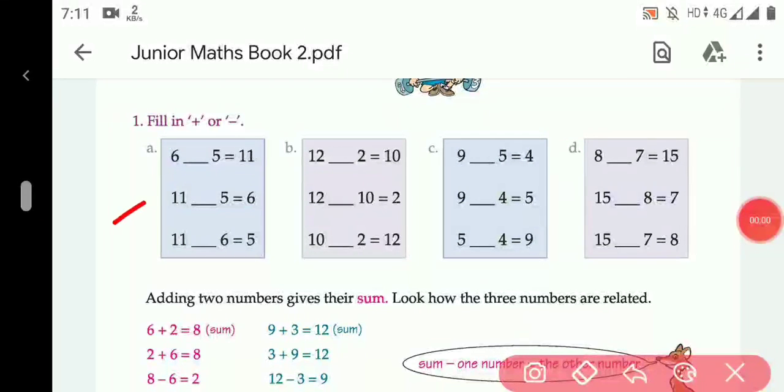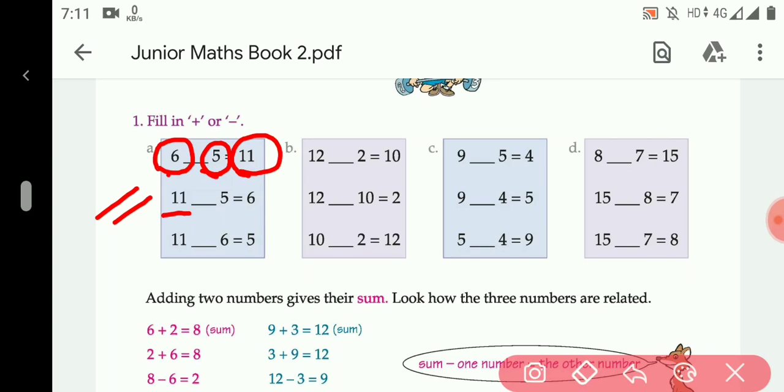So in the second part, the sum of two numbers which is 6 and 5, the sum is 11, subtract the number 5, then the other number is the answer. Then always the sign of minus will come here, because sum minus one number equals to other number.